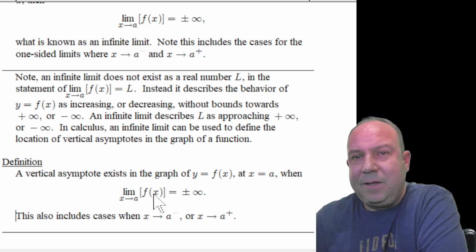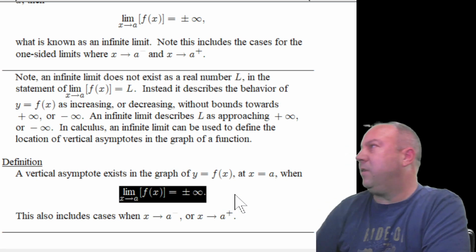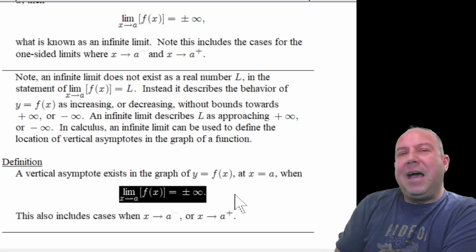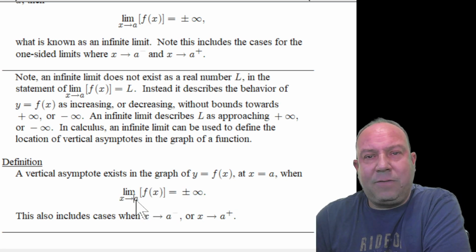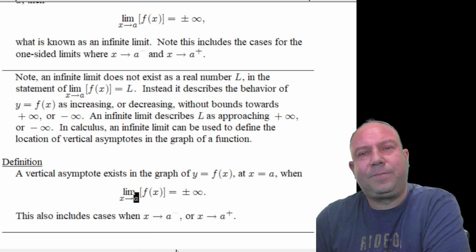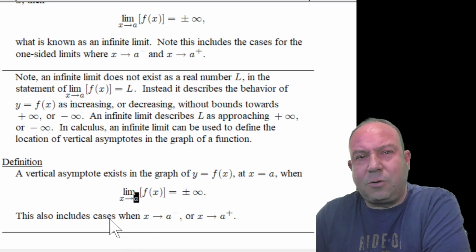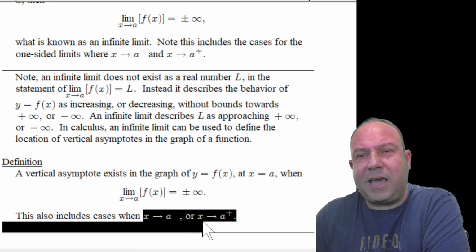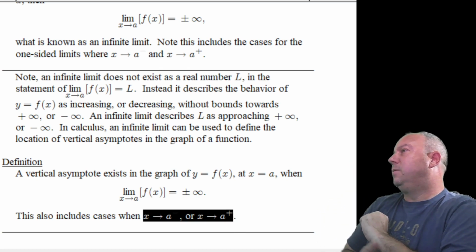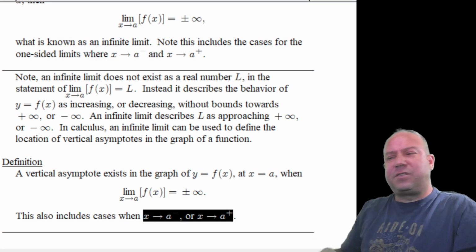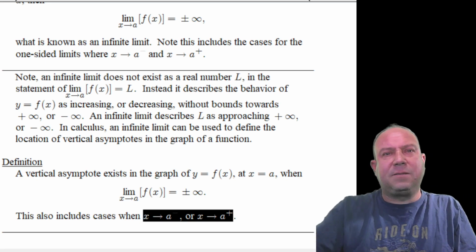When this limit is the case for an infinite limit, we can say that we have a vertical asymptote at this value of x equal to a. And this is also true and includes the cases for the one-sided approaches. This gives us a new way to define vertical asymptotes.